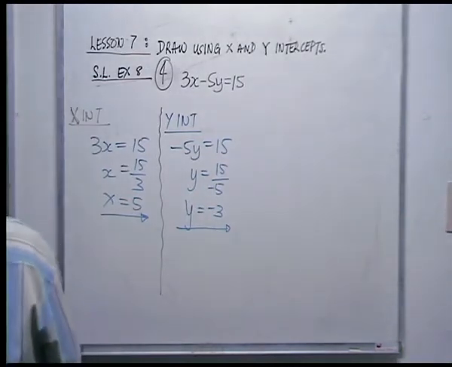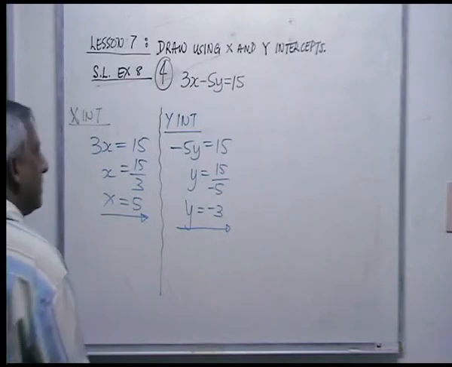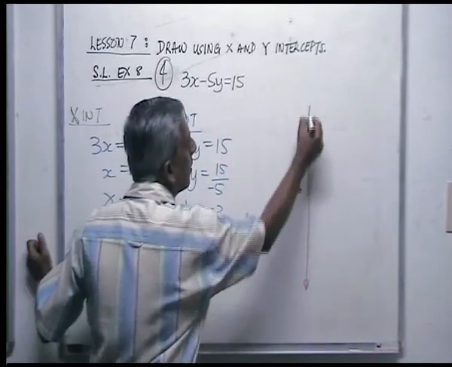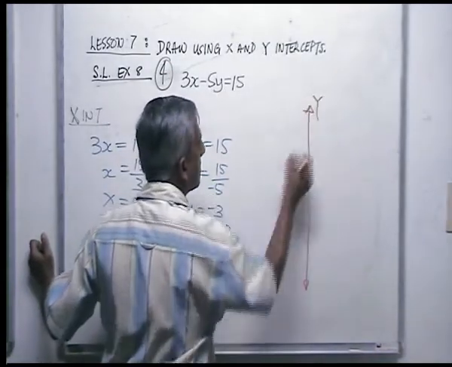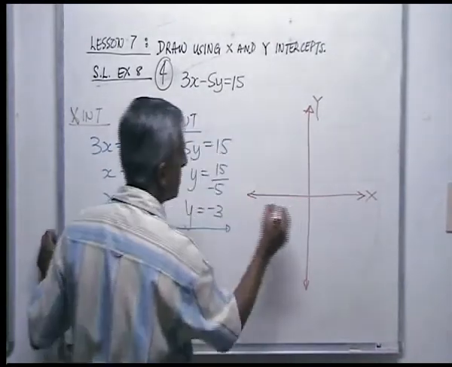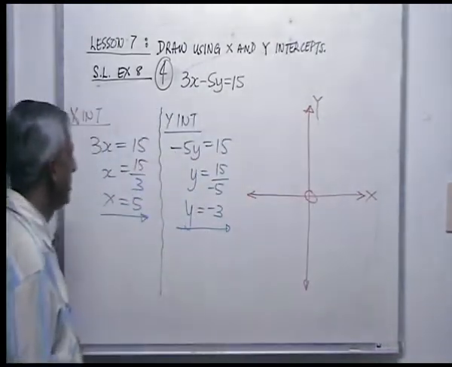Now we're going to draw the graph. Okay. So a little rough sketch. There's your y-axis. There's your x-axis. There's your origin. There's 0.